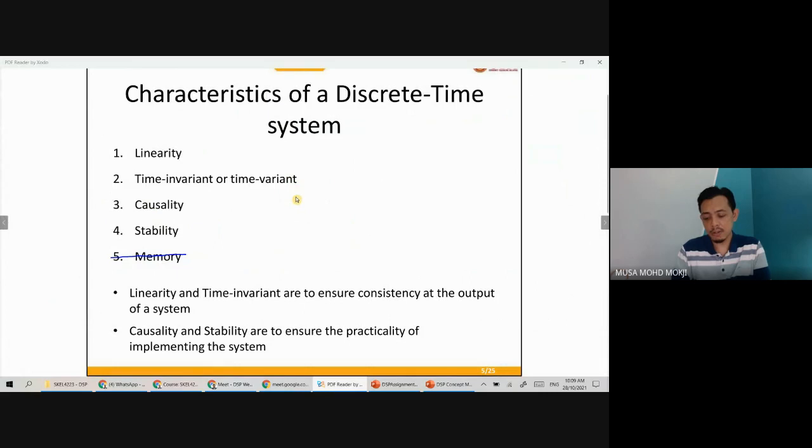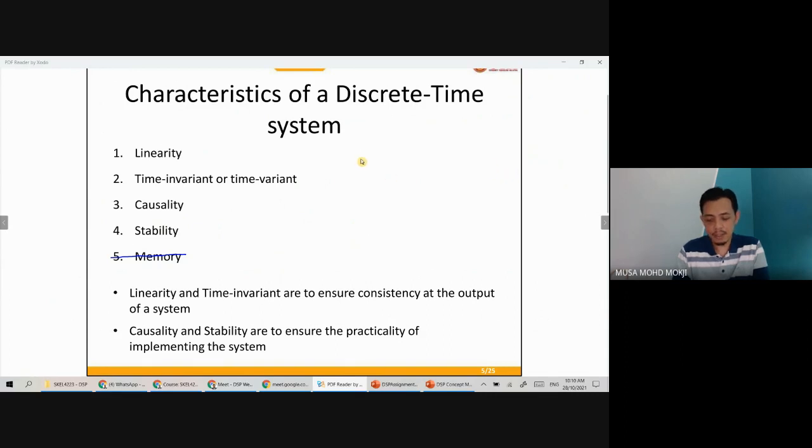So we already know what a discrete time signal is. If we want to put it in an equation, it's just a sequence of values, and we get that sequence of values from the sampling process. Every value has its index. That is a discrete time signal.